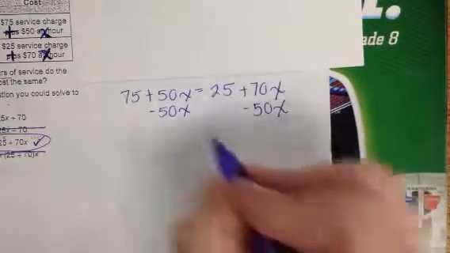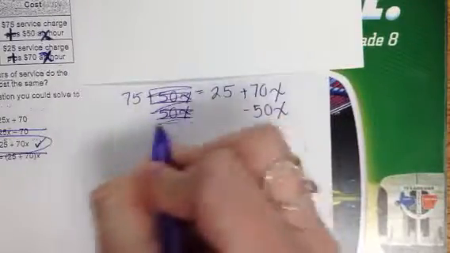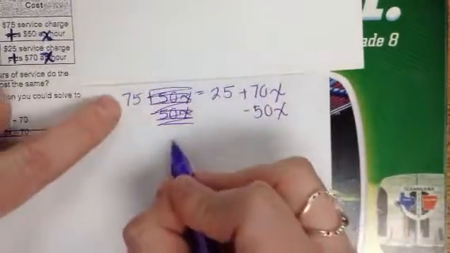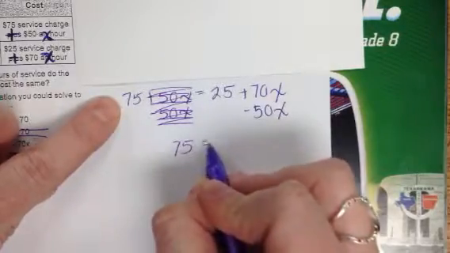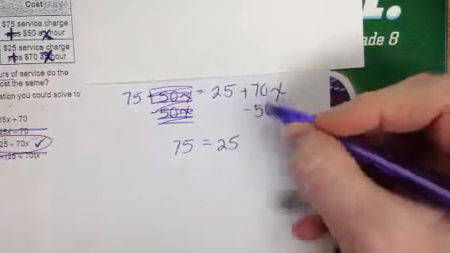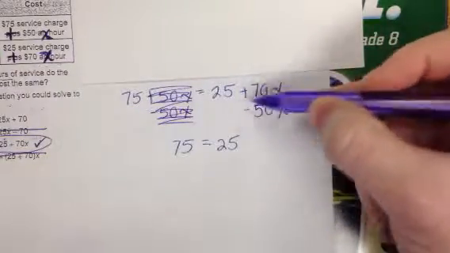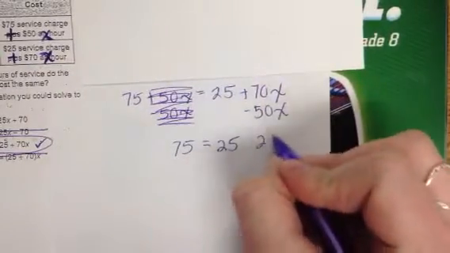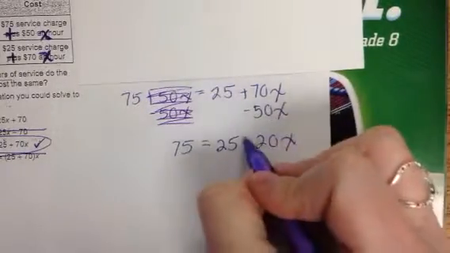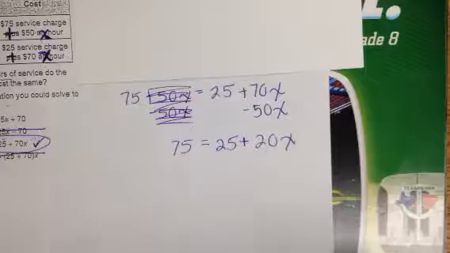I'm doing that so that all of this will cancel. The variable's not on both sides anymore. I bring down what was left. 75 equals 25. I have to work this step. 70x minus 50x gives me 20x, and I was left with 20 positives, so put a plus to separate those two terms.